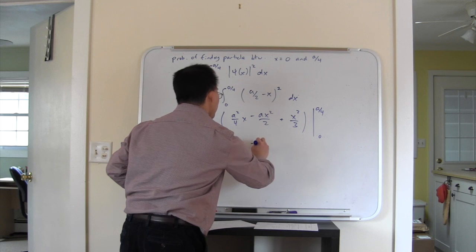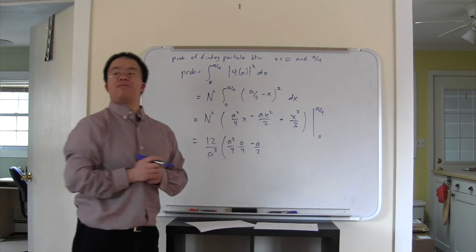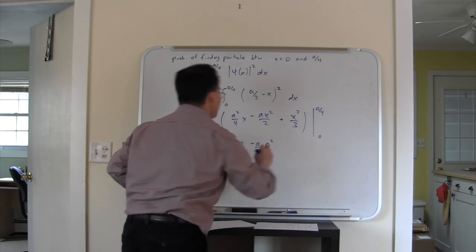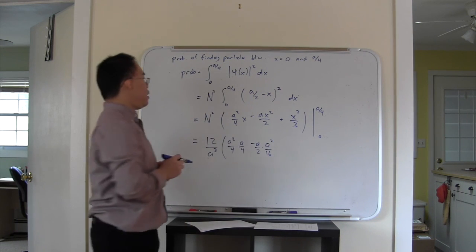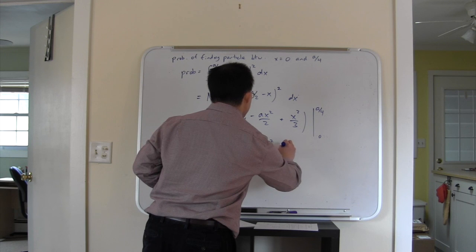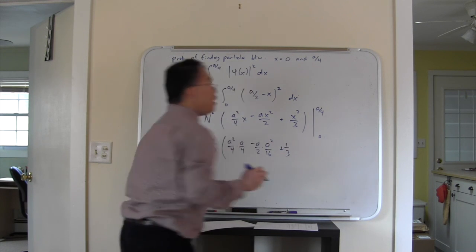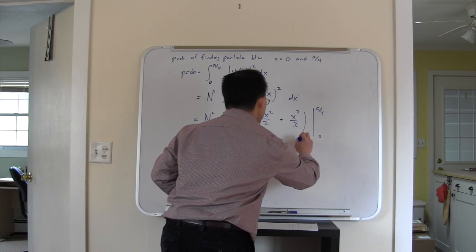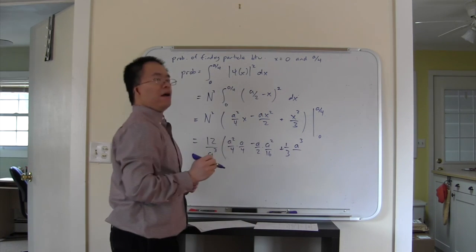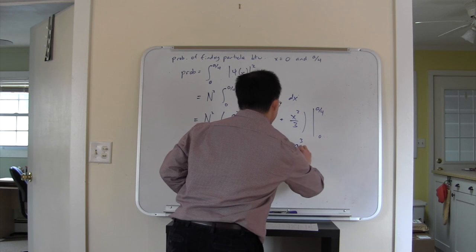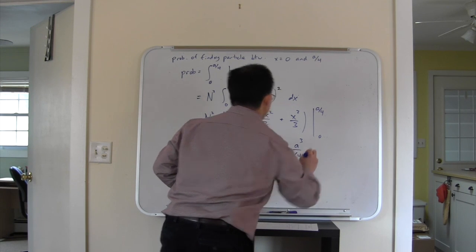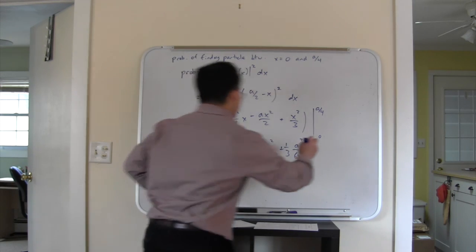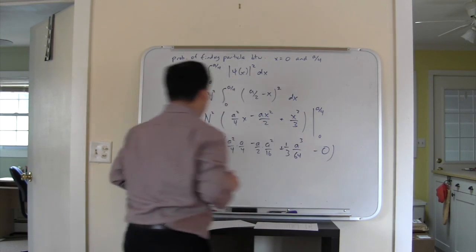Minus a over 2 times x squared, which is a squared over 16, plus 1/3. A over 4 cubed is a cubed over 64. And then, once again, evaluating it at the bottom endpoint at 0 gives us nothing.